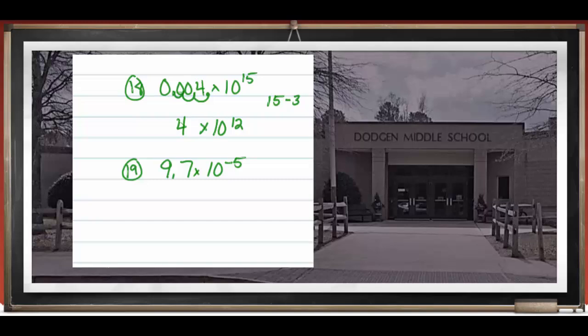And so when I start to ask myself, which direction do I move the decimal? If I move the decimal to the right, even 1 space, I go from 9.7 to 97. Well, 97 is not a small value. And so I know right away that I don't need to move to the right. I need to move to the left.